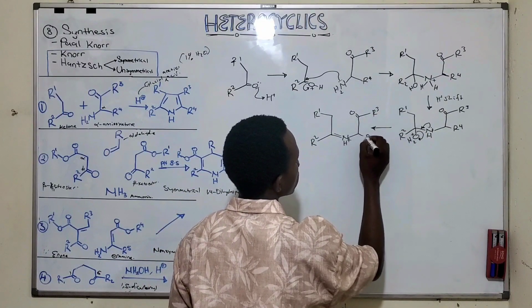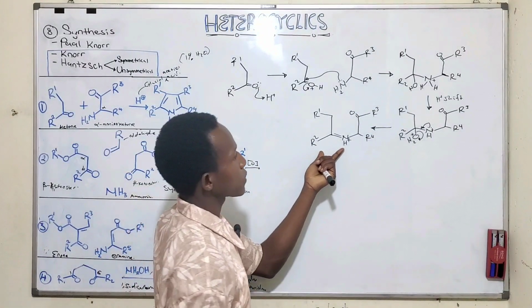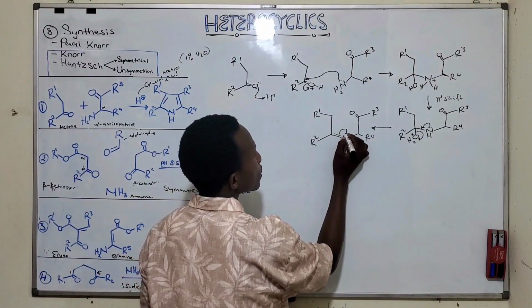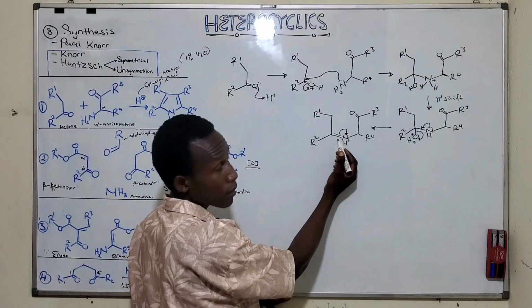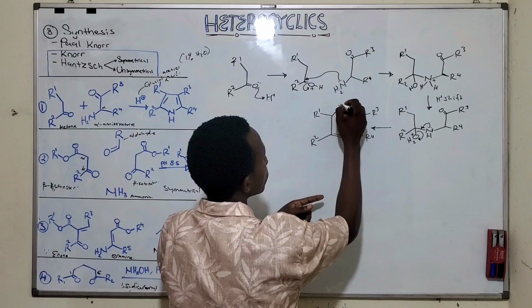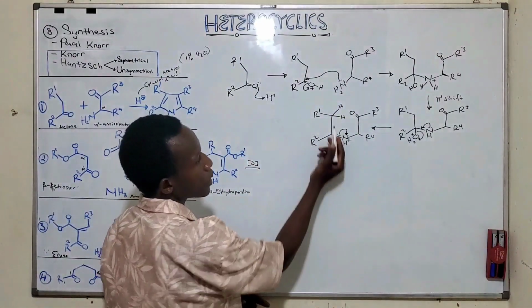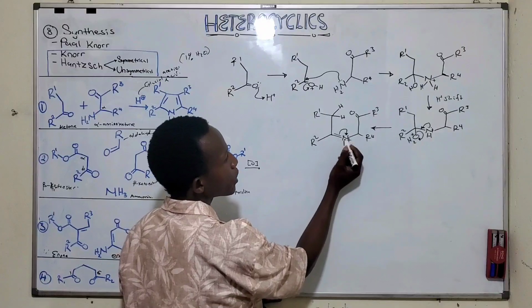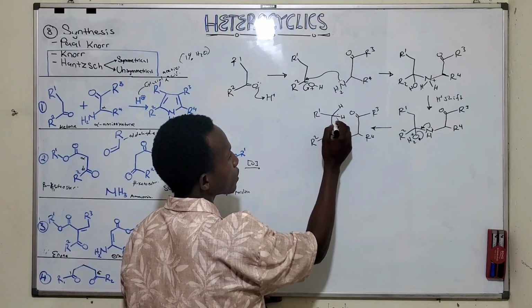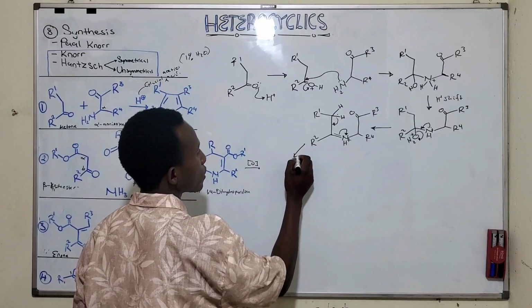R3, then R4. So as it stabilizes, it pulls the lone pair back, creating a carbocation. Remember, we're having hydrogen and hydrogen. This carbon is still saturated. So as this one breaks, we are losing one of the hydrogens, forming this.